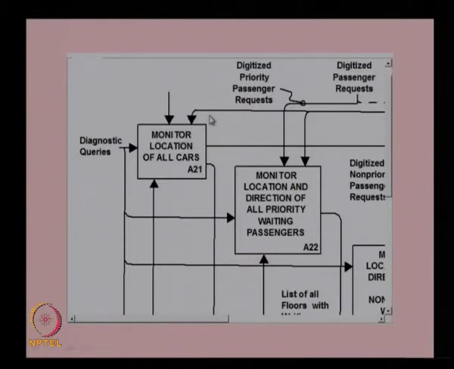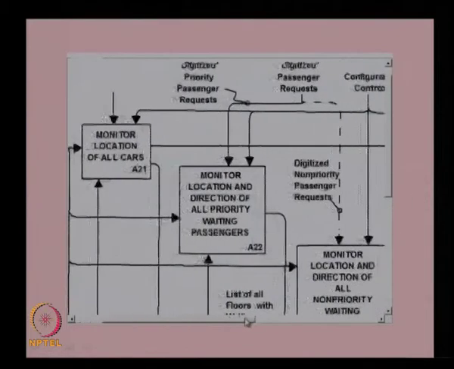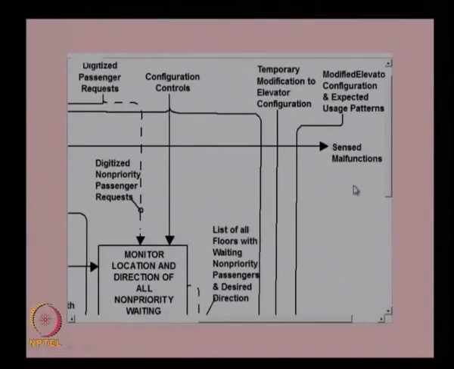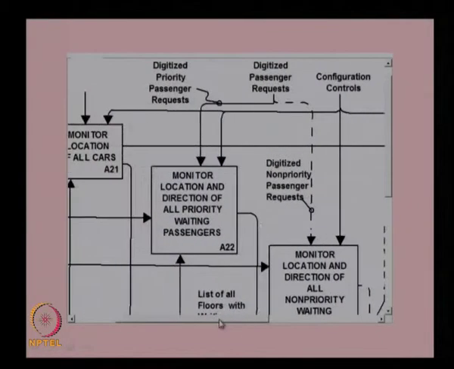Based on this information it will continuously monitor the location of all cars and give this as an output to the allocating function. Any sensed malfunction will also be given as an output. So there will be an output which gives the position of the elevator cars and malfunctioning of these cars, if any. And the other one is monitor location and direction of all priority waiting passengers.